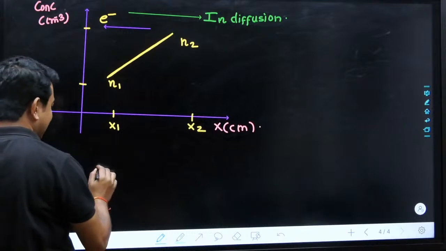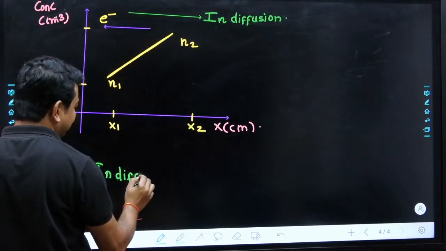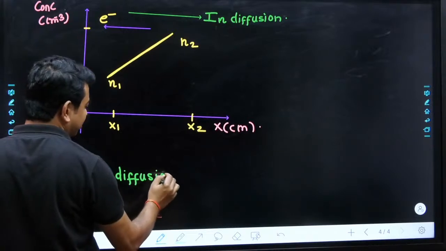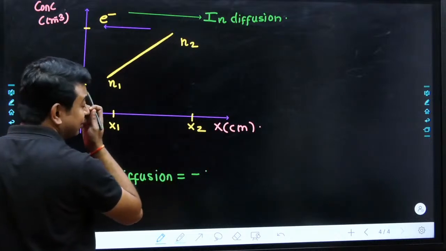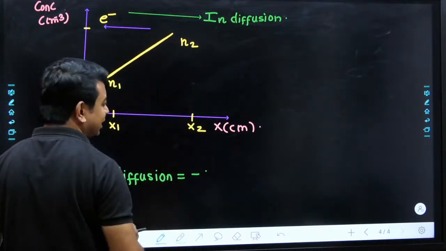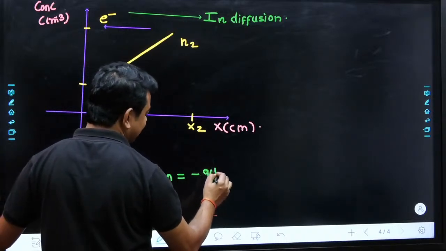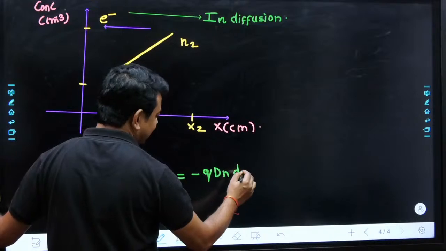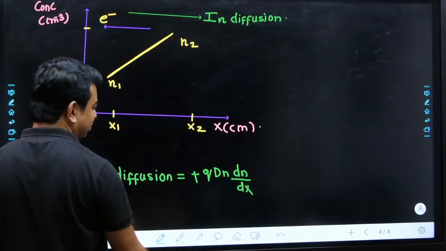Sir, in the equation for In diffusion, in this context, do we have to put a negative sign? Because the current is in the positive x direction, dN by dx is always negative, they may think. Would we have to put it in this order? No, again we have to put a positive sign.